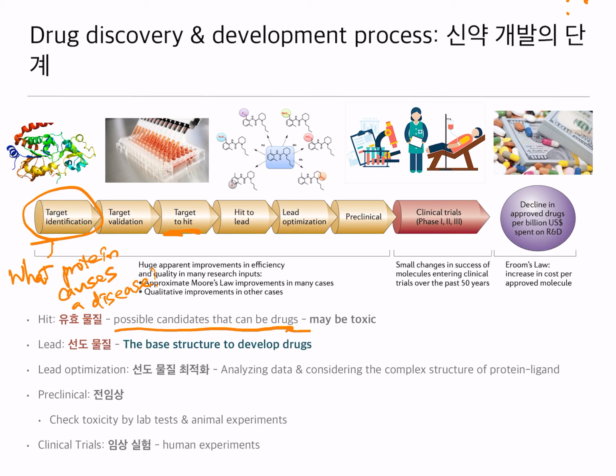The hit is the very first step of drug discovery. But usually these hit molecules can be toxic and are generally somewhat small. Starting from a hit molecule, they improve it to a lead molecule.